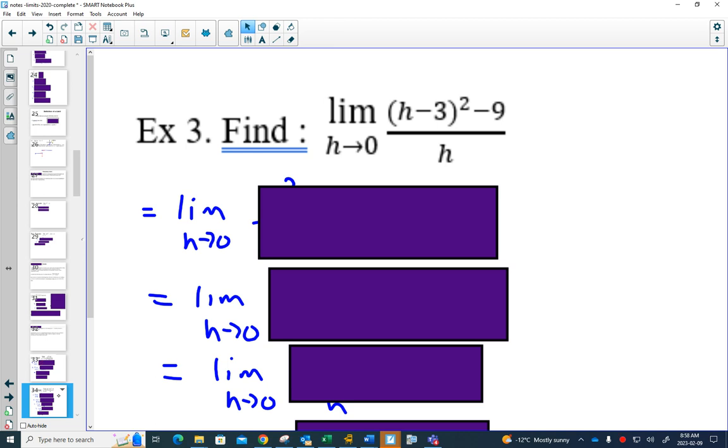So far, I have seen 2 different techniques that are both correct for starting example 3. So once you've finished example 3, see if you can figure out what the other person's technique was that was different than yours for starting this off. And if you're stuck, call me.